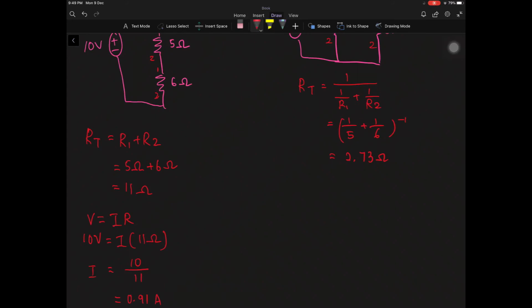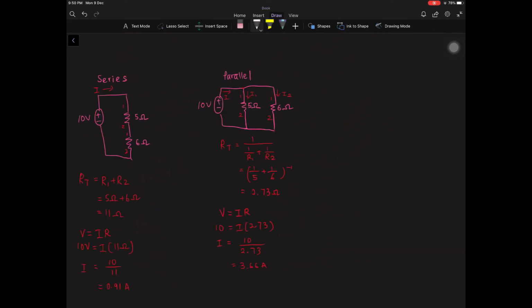So how to find the current? By using Ohm's law, V equals IR. V is equal to 10, I we don't know, R is 2.73. So I will be equal to 10 divided by 2.73. So the current of this parallel circuit is 3.66 ampere.